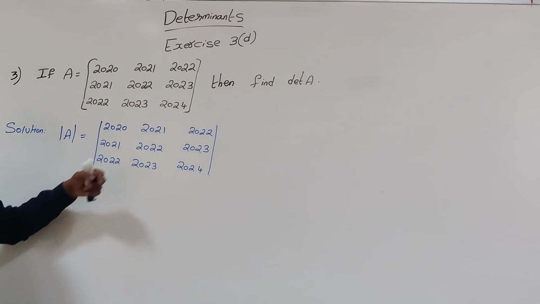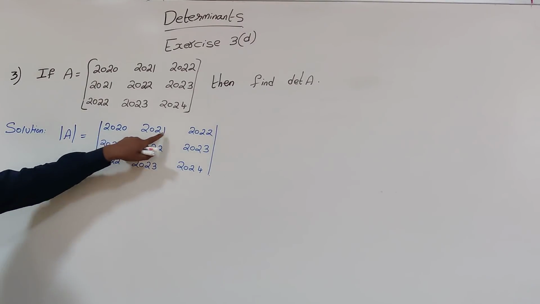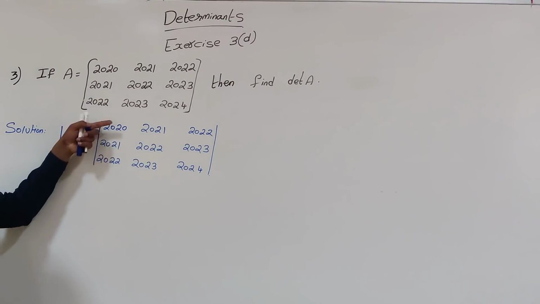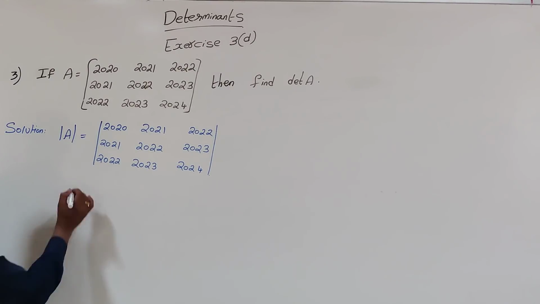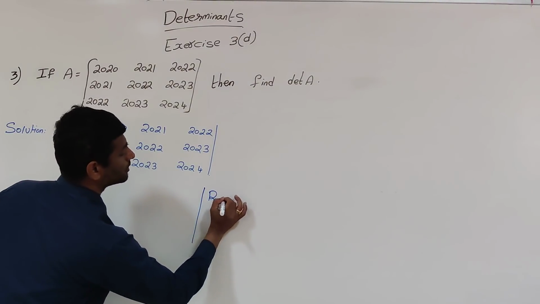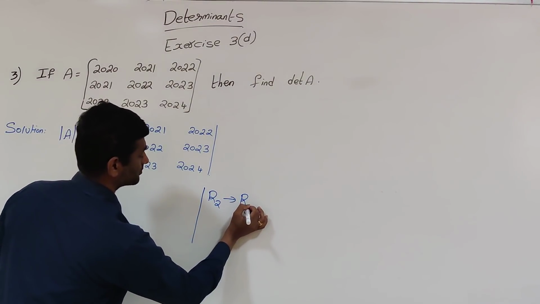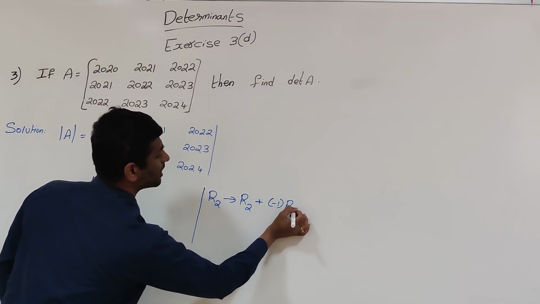Similarly for the third row, 2022, 2023, 2024. And if you observe the first row elements, the difference is also 2. So as per the notation, R2 is replaced with R2 plus minus 1 times R1.